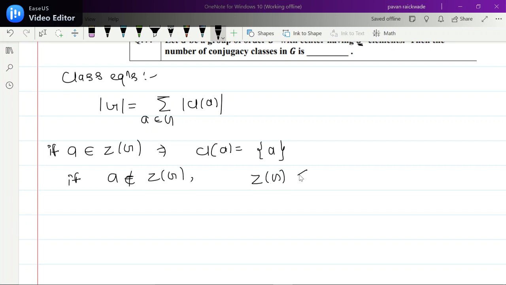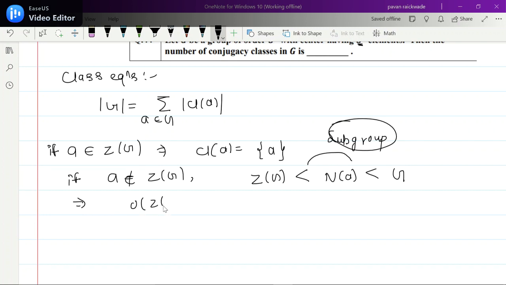Okay, if A doesn't belong to the center, then we know that Z(G) is a proper subgroup of the normalizer of A, which is in turn a proper subgroup of the group G. This symbol is for subgroup. This is not the usual real number less-than symbol.